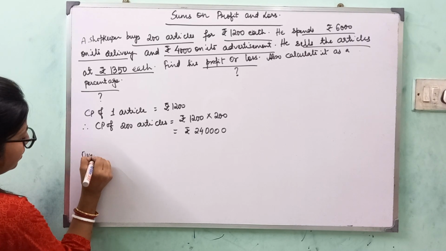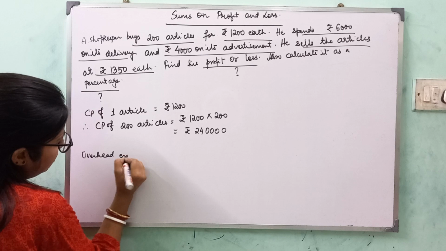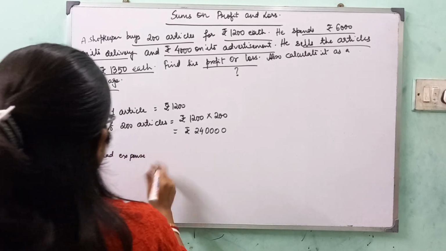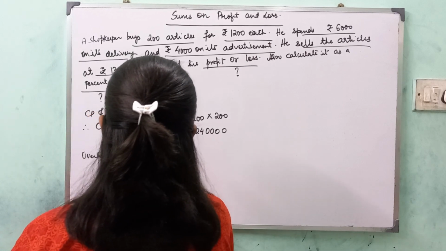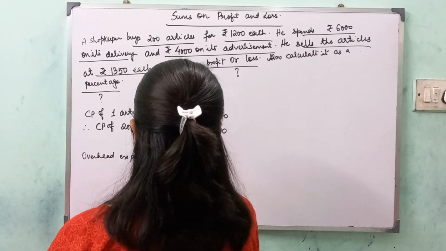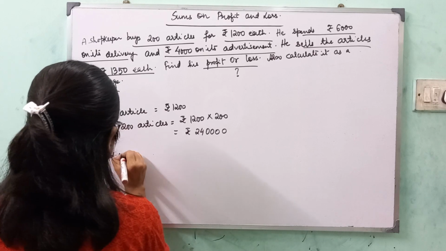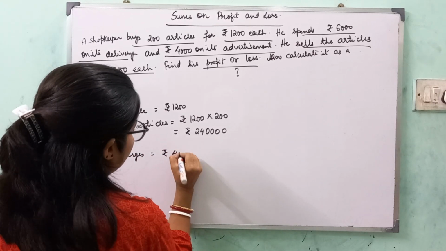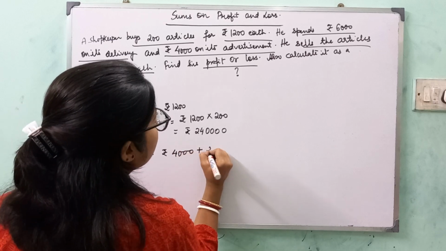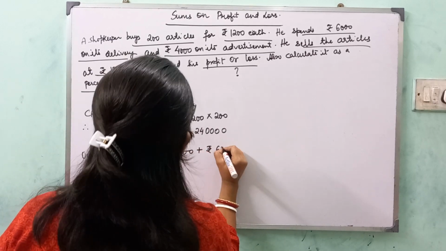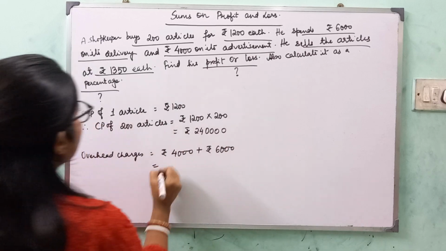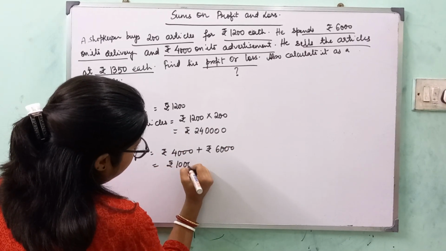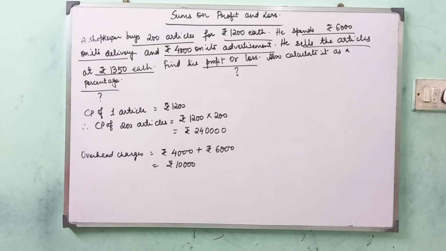So overhead expenses is equal to rupees 10,000.